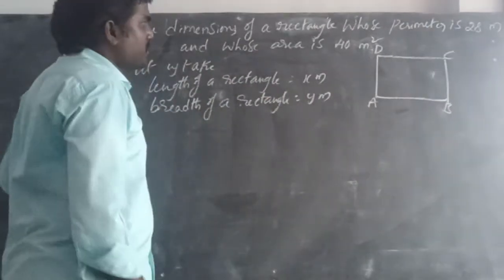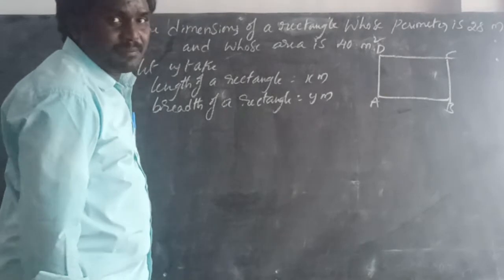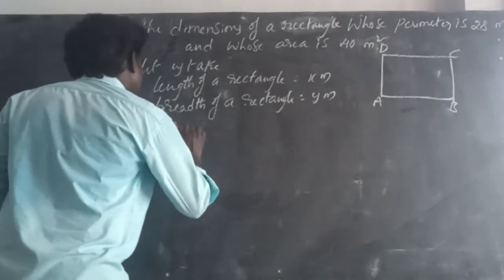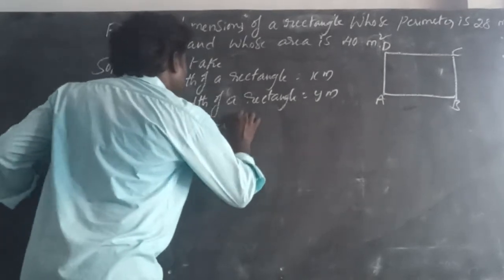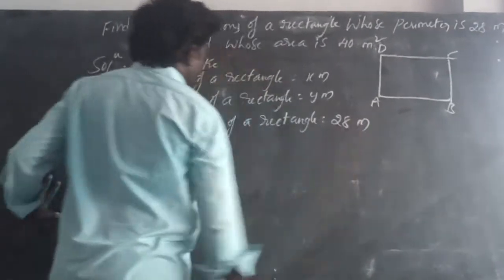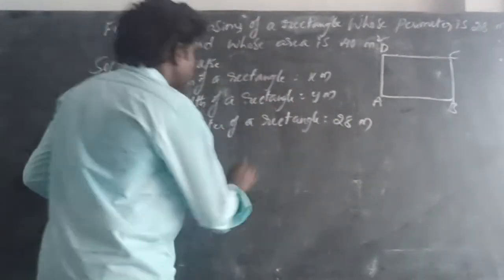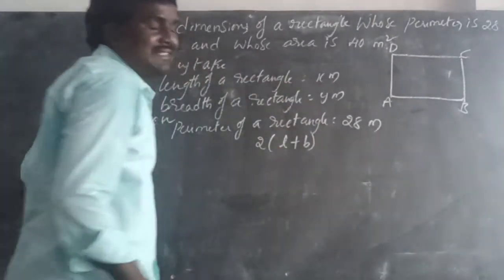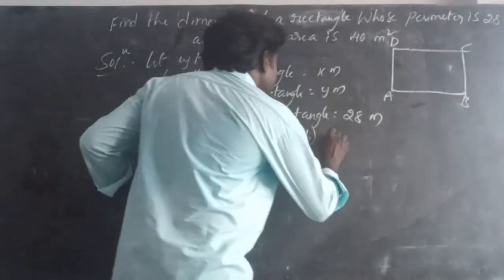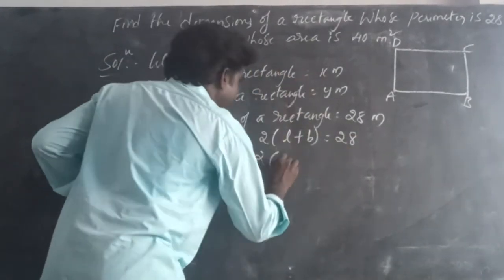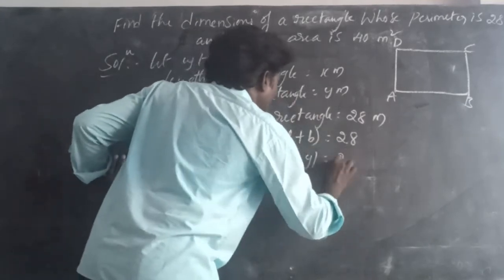So the perimeter of a rectangle is given as 28 meter. The perimeter of a rectangle formula is 2 times (length plus breadth). So 2(x plus y) is equal to 28.